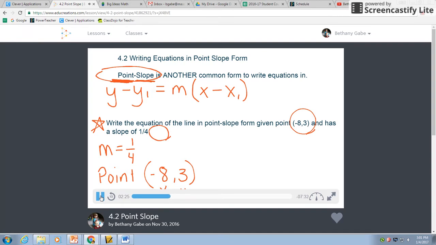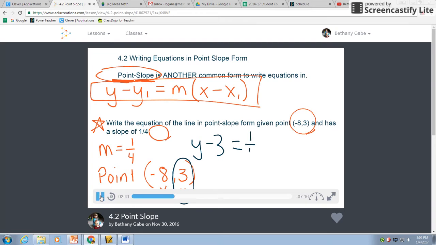So we literally take our equation up here and we bring everything down, y minus, but now the y1 is going to go in there. So I'm going to write a 3 equals, and then the m is 1/4. So you put in the 1/4 for the slope, the x stays, and then minus, and the x1 is a negative 8.